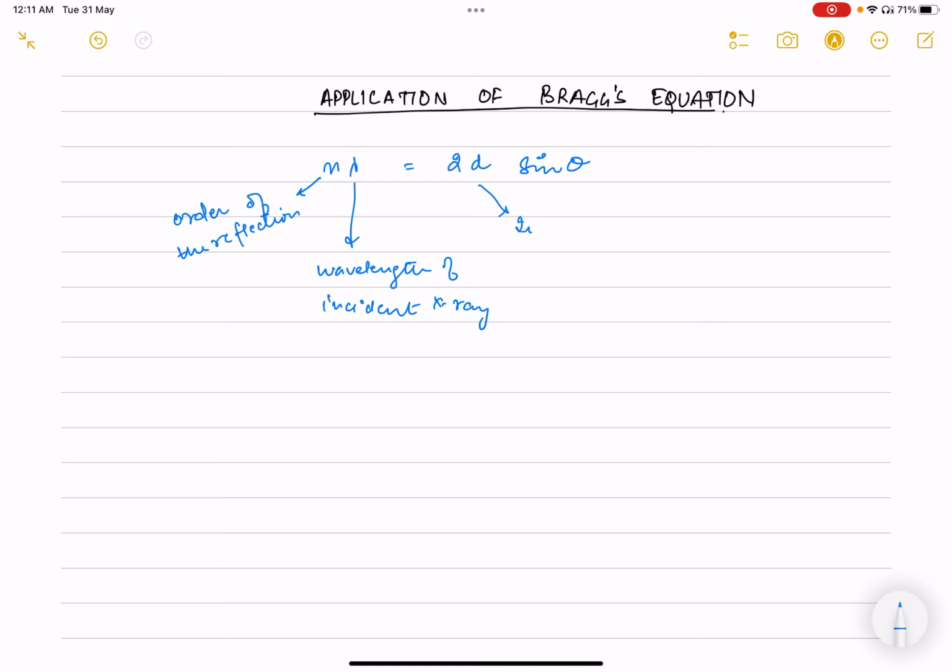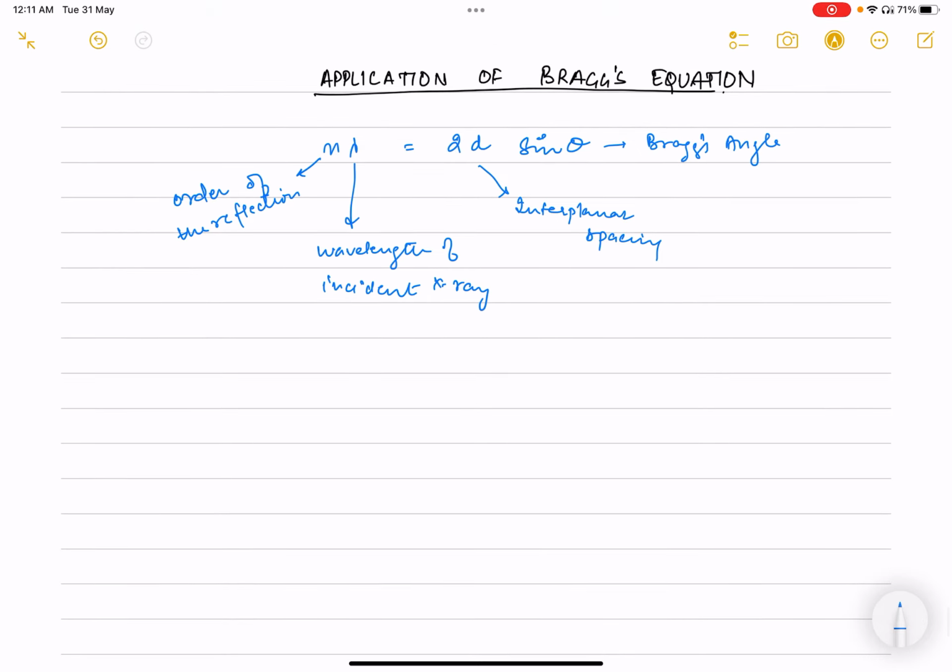D is the interplanar spacing, whereas this theta is the Bragg's angle. Okay, so this is for a particular HKL or the Miller indices of a plane. So we should write n lambda, suppose copper K alpha, is equals to 2d HKL sine theta HKL.